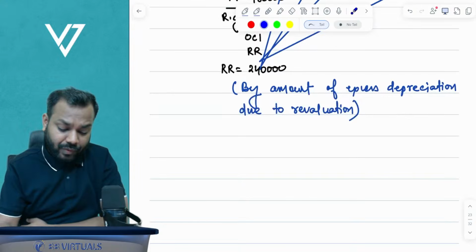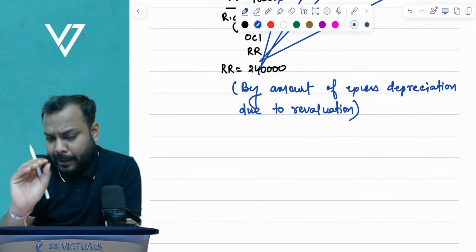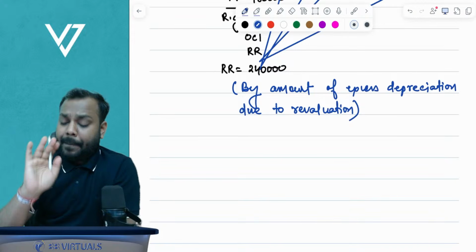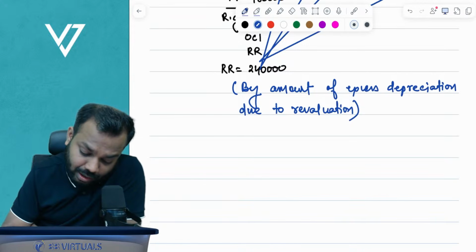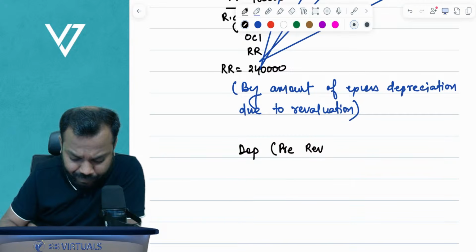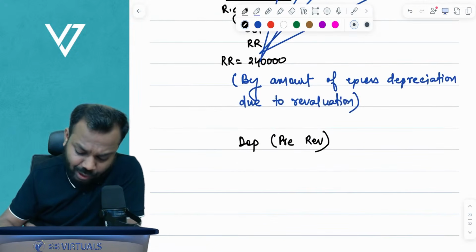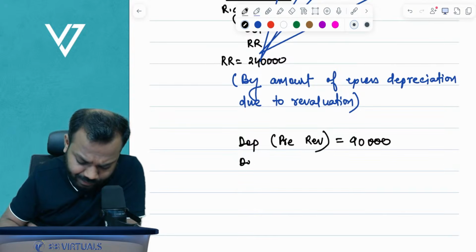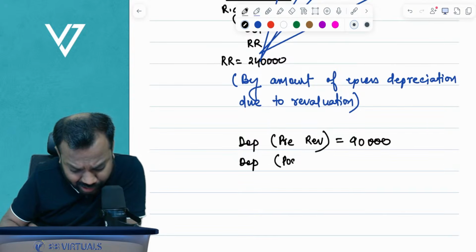So what is the amount of excess depreciation? Let me show an extract of financial statements to help you understand. What is the depreciation pre revaluation? It was 90,000. What is the depreciation post revaluation?